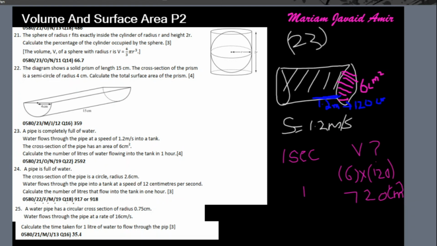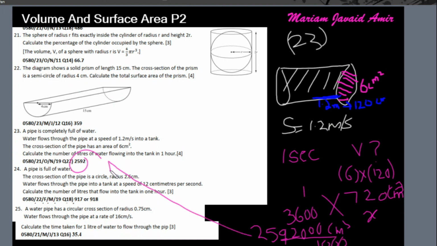Then calculate the number of liters that flow into the tank in 1 hour. 1 hour is 3600 seconds, so find the volume and then later change it into liters. 720 times 3600 is 2592000 centimeter cubed. For liters, divide this by 1000, and we get the answer, 2592 liters.